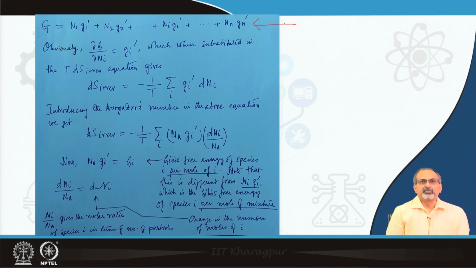Keeping track of this equation, if you try to take it forward from that point, obviously, when you take a partial derivative of G with respect to N_i, you get back the small g_i', and if you substitute that in the T ds irreversible equation, then that ends up giving you a form like this.